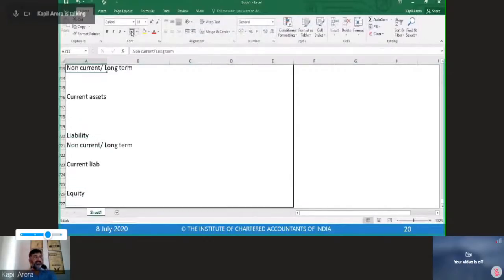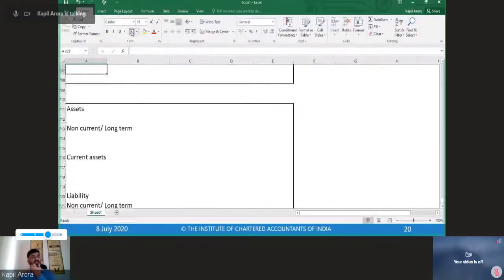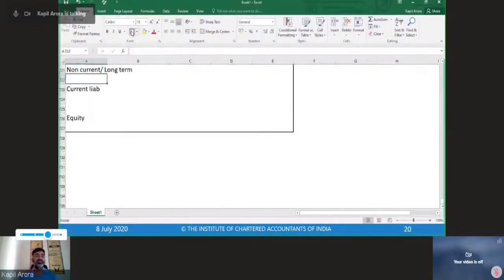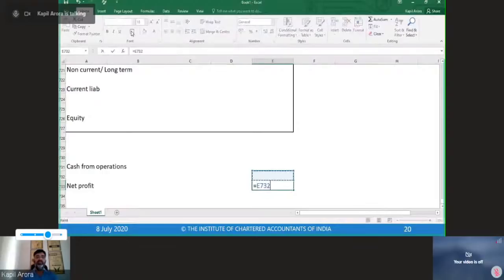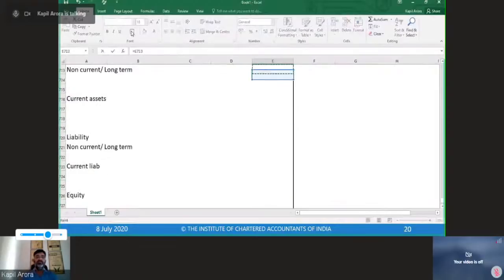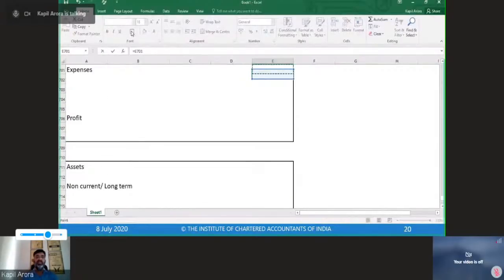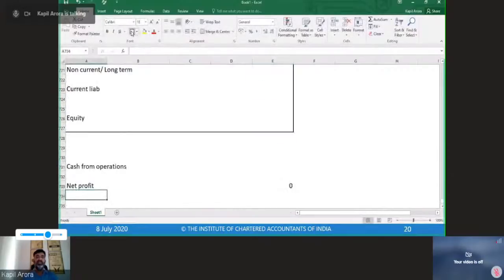Now what happens is that instead of starting from the cash movement, I start my cash from operations. Cash from operations starts from net profit, which would be coming from my profit and loss account.